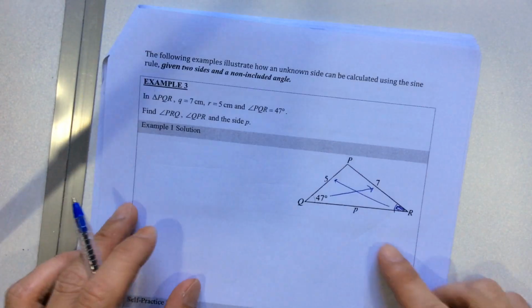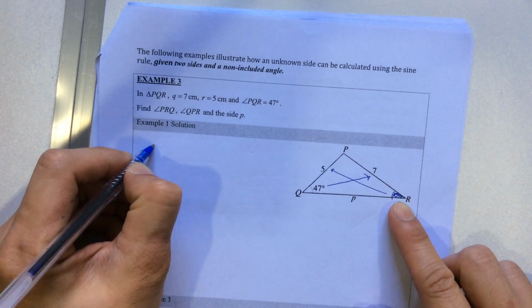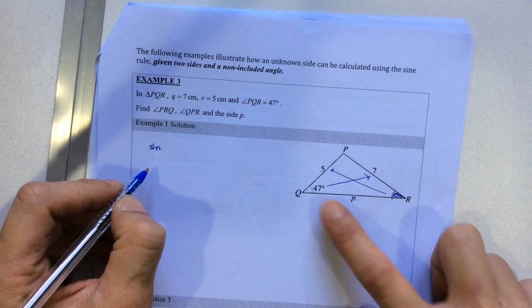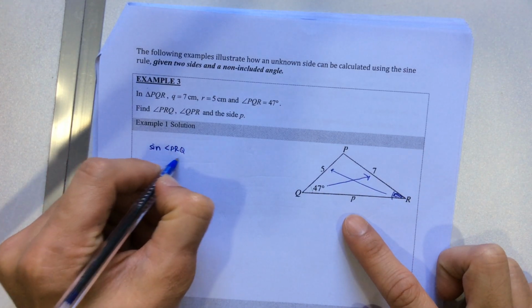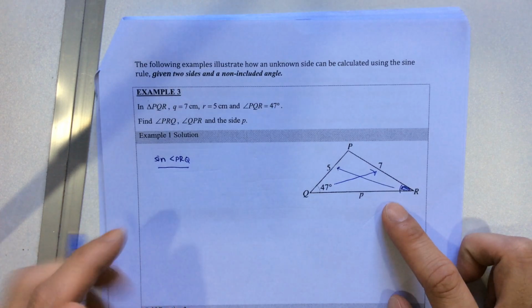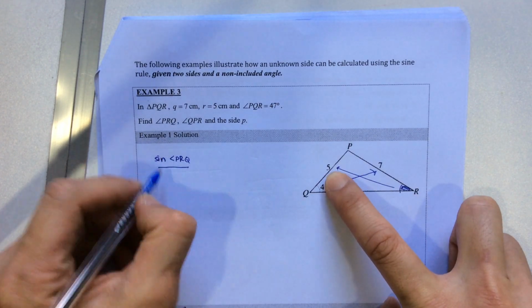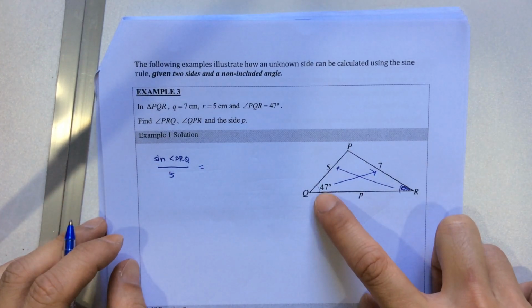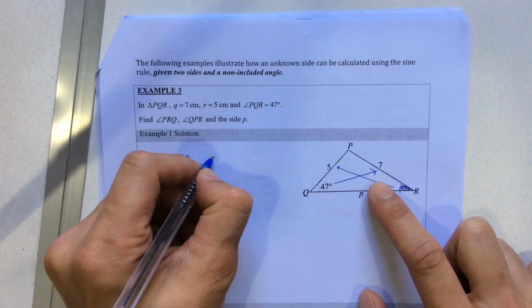Now that I have to find the unknown angle, I have to start with the sine of this unknown angle, angle PRQ, over the side. The side, if you can see from the arrow, is 5, and that equals sine 47 degrees over 7.